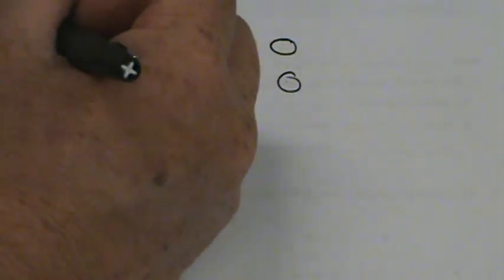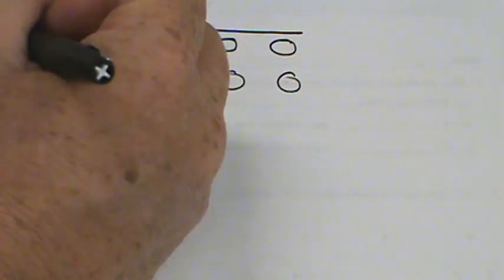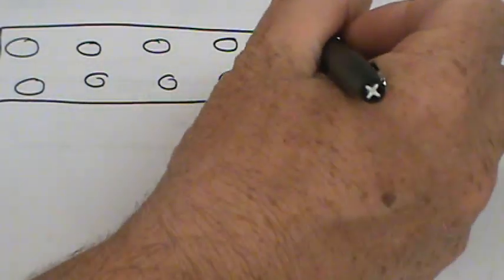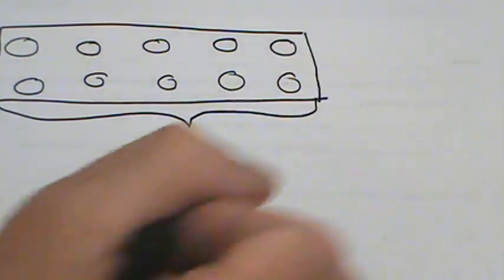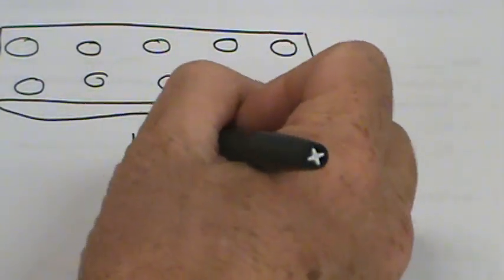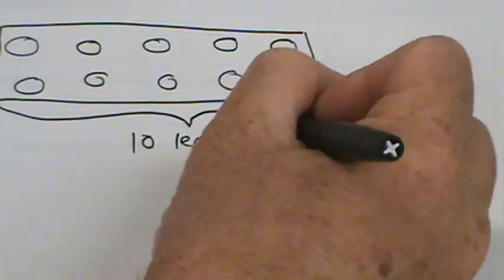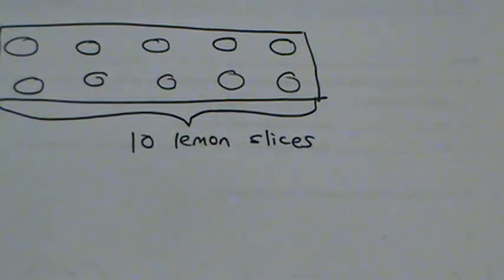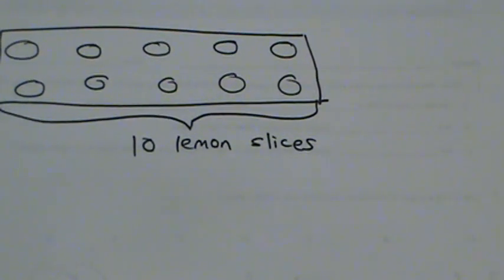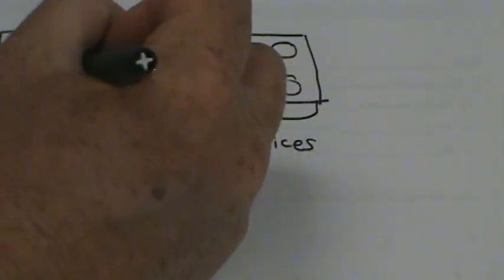What we're going to do is we're going to show our unknown and our known. And what we do know is that our friend Rosie has, there's our bracket, 10 lemon slices. Now, let's go ahead and break these down into, because we put 2 in a cup, right? So let's go ahead and break these up into 2s.